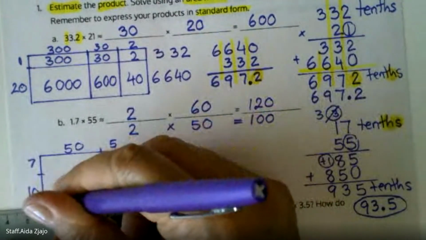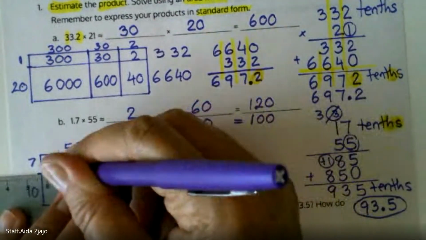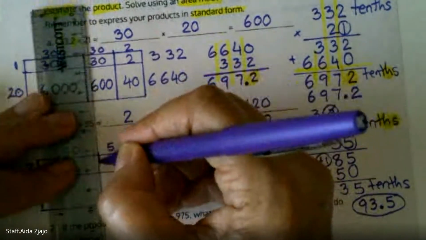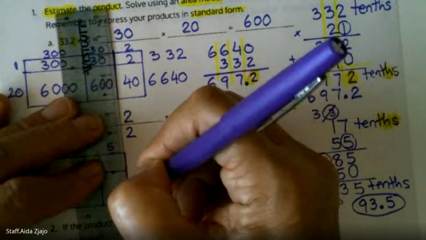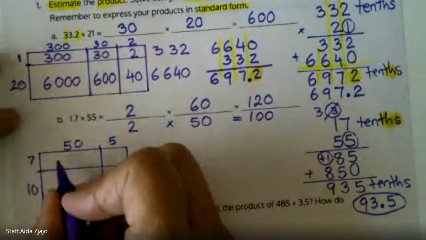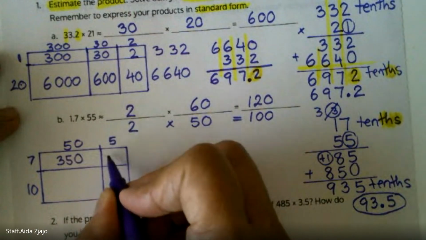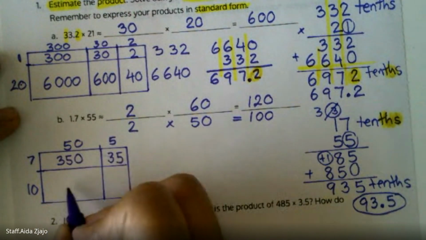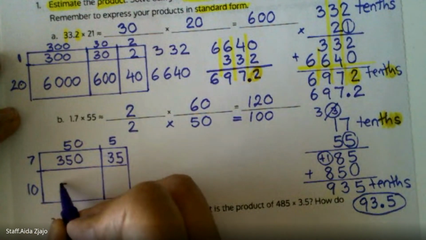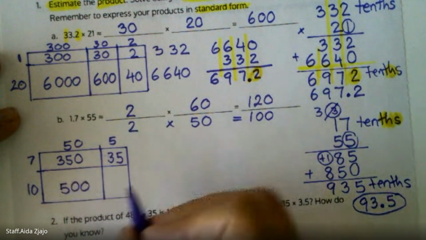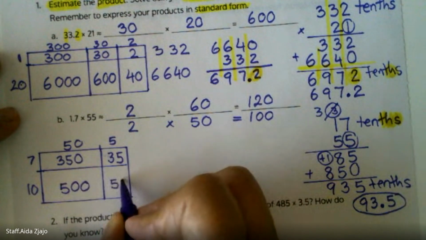So 2-digit by 2-digit, we have to have 4 areas. 7 times 5 is 35, times 10 is 350, that is 35. This is 5 and 2 zeros, 500, and this is 50.